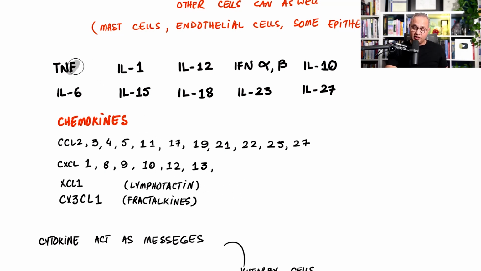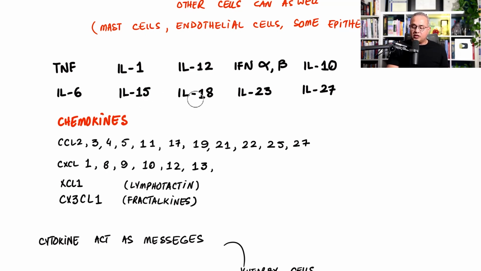Now, what are the kind of cytokines? For example, today, there are hundreds and thousands of cytokines, but the important ones, tumor necrosis factor. And you would see this cytokine and its name and function appear again and again. So keep an eye on TNF, especially TNF alpha. Then interleukin 1. And we'll talk a lot about that. Interleukin 6, we'll talk a lot about that as well.